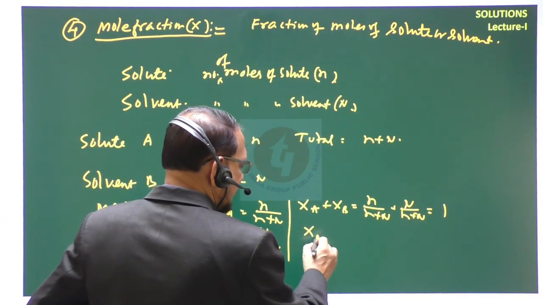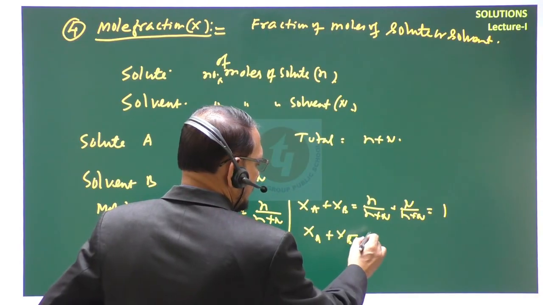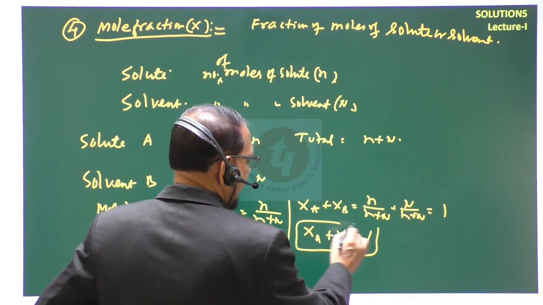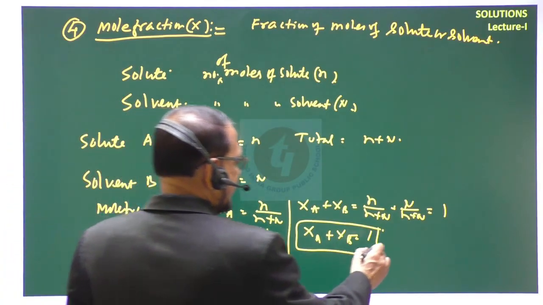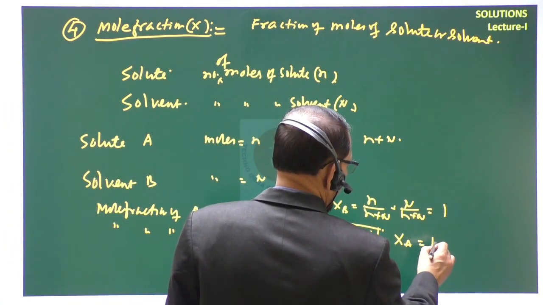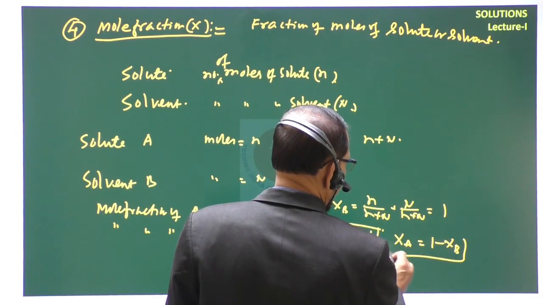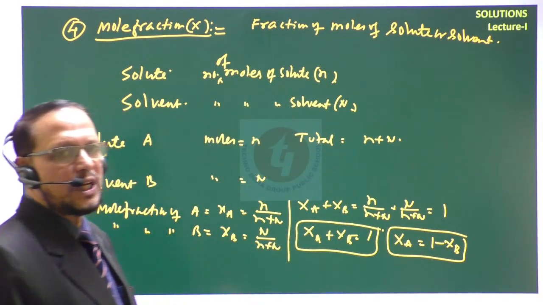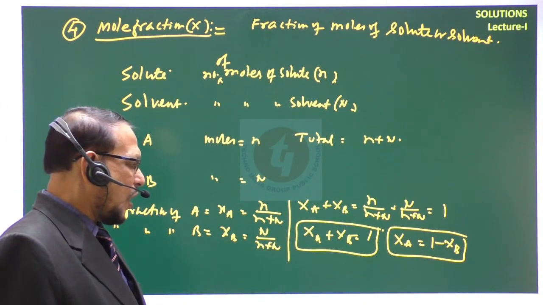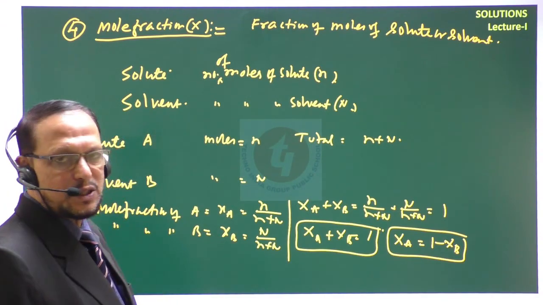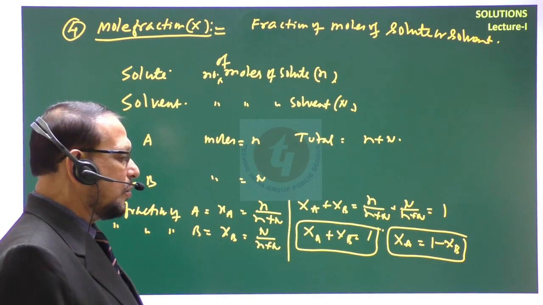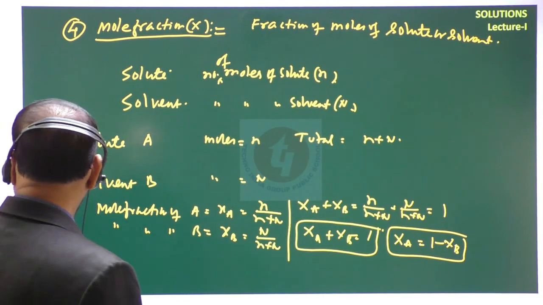Total mole fraction is 1 whether binary or ternary components. XA is equal to 1 minus XB. Suppose glucose has mole fraction 0.2; then mole fraction of water is 1 minus 0.2, that is 0.8.